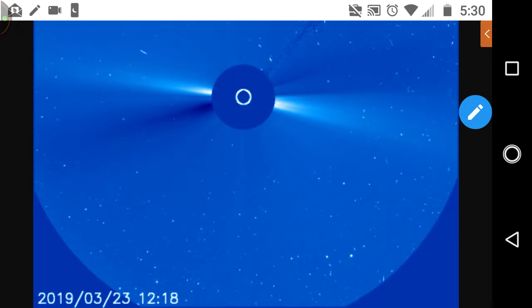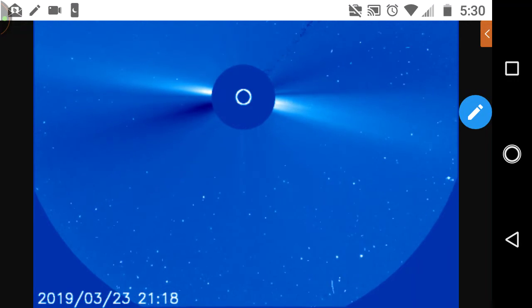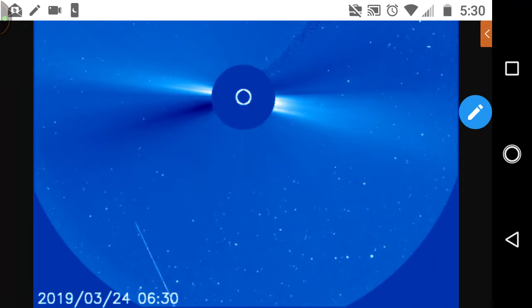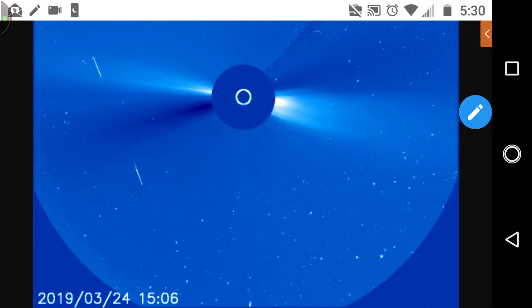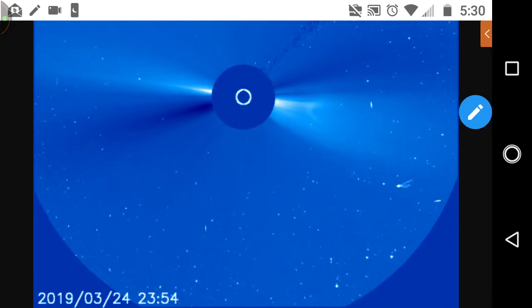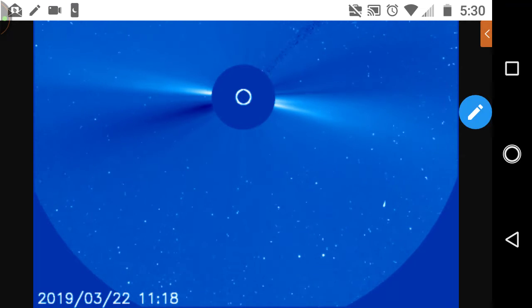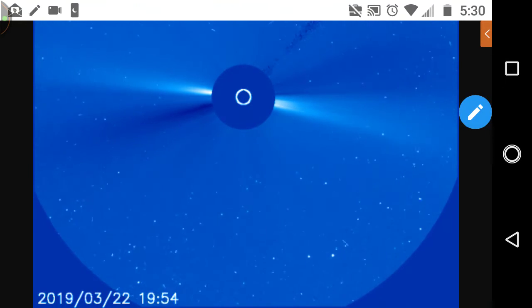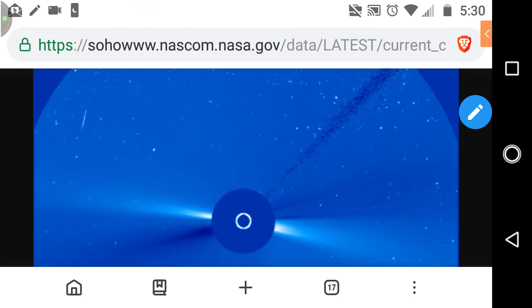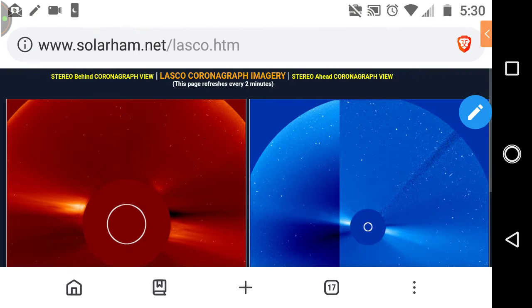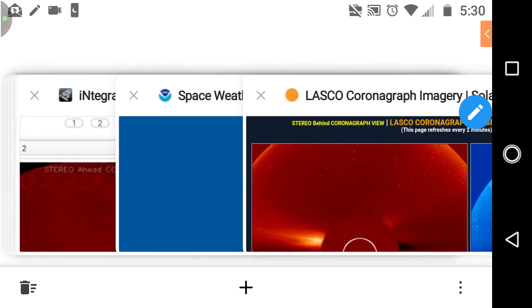And is this showing us old data? 23rd. There's the 24th. There's the 25th. So it looks like this needs updating too, folks. I don't know. Whatever. There's some ejecta. Some of it appears to be Earth-facing.